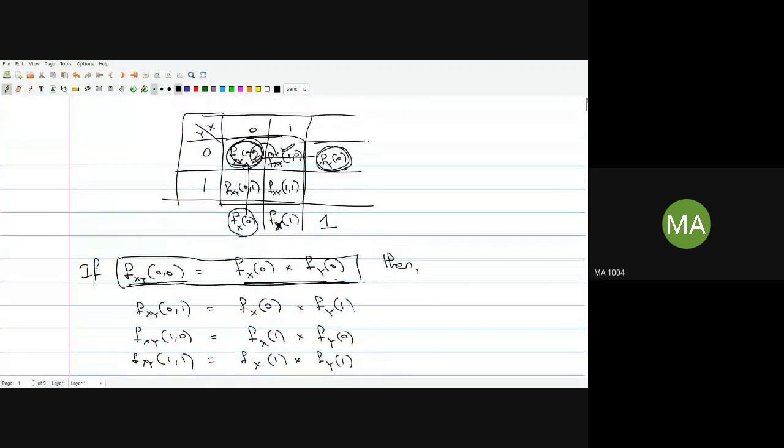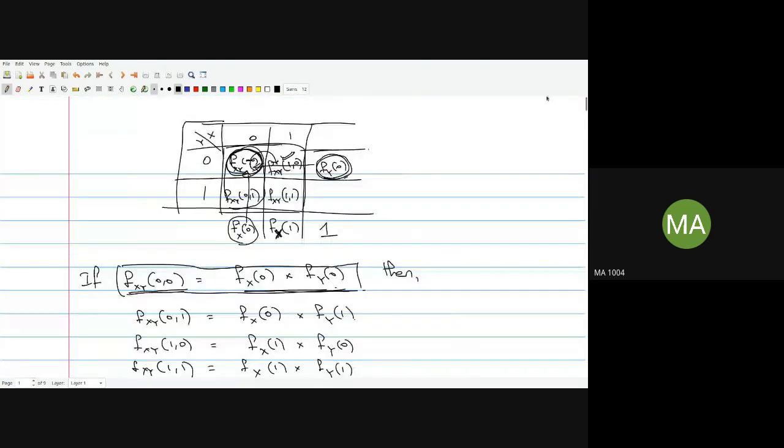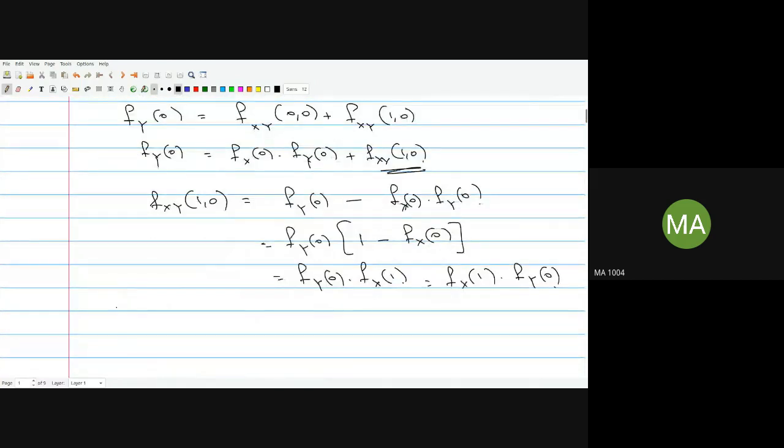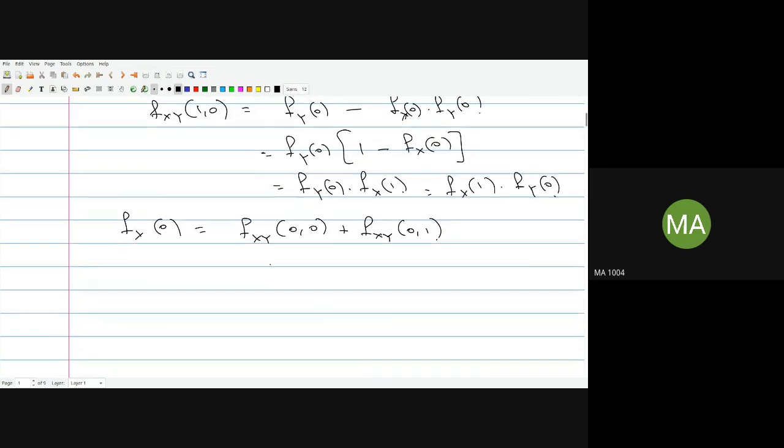Like this, take these two now. Fx of 0 is sum of these two. Okay, check for Fx of 0. So this will be Fxy of 0, 0 plus Fxy of 0, 1. And you know Fxy of 0, 0 is Fx of 0 times Fy of 0, plus Fxy of 0, 1.